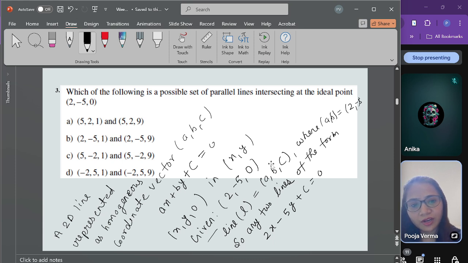We know the direction vector is 2, -5, and we can have different c values. So which options can be correct, so that their direction vector will be 2, -5 only?